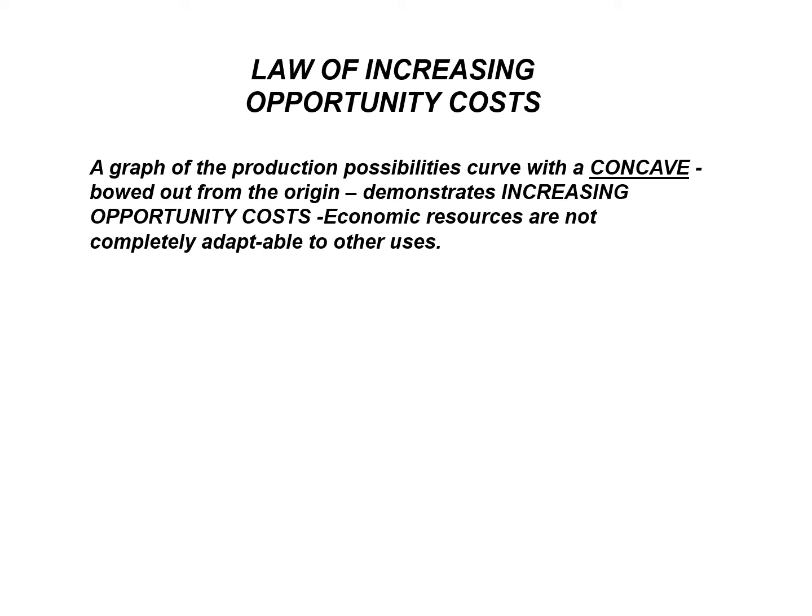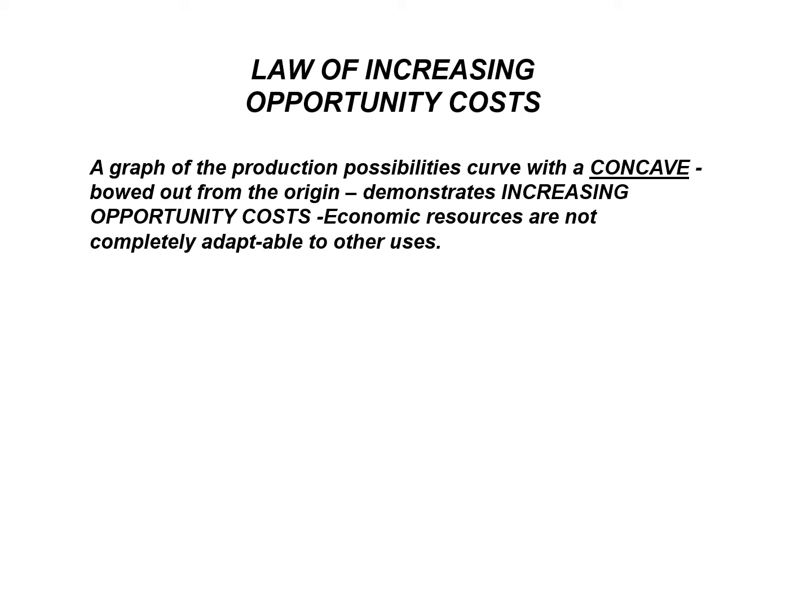We demonstrated this important economic concept, the law of increasing opportunity cost, on the previous slide. Let's reiterate its importance and discuss how we observe it. Any production possibility frontier which is not linear, which has concavity to it, which is bowed from the origin, will be demonstrating increasing opportunity cost.